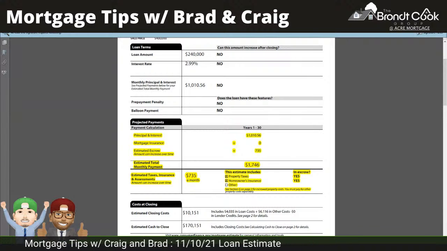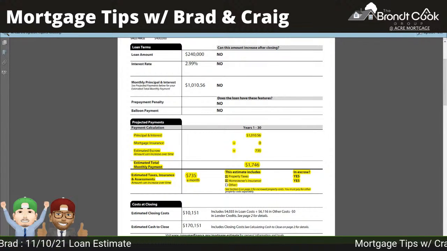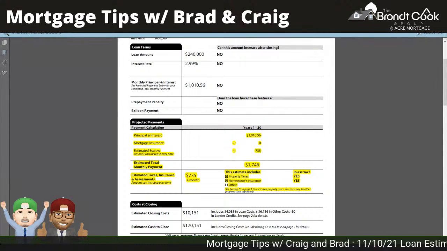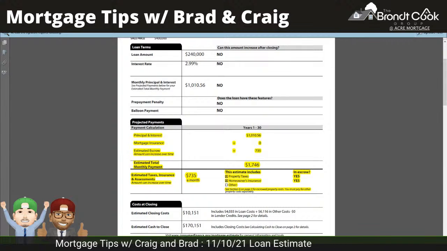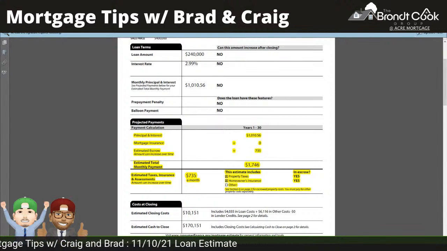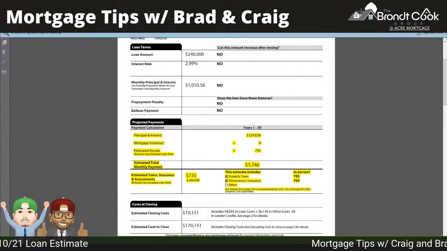So this is giving you a good idea of what your total housing payment is going to be, and that's going to show up in your mortgage statement. Now, if we look below, it's saying, what are the estimated taxes, insurance, and assessments? This is important because sometimes this can be confusing.